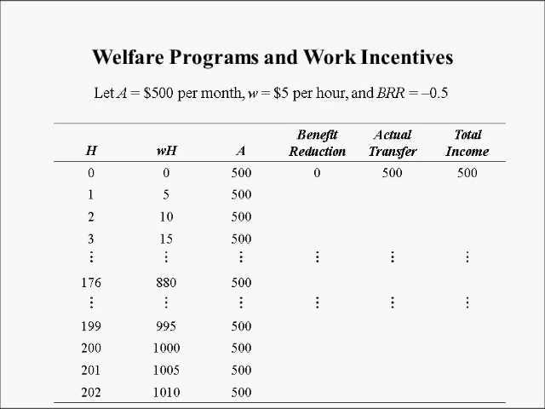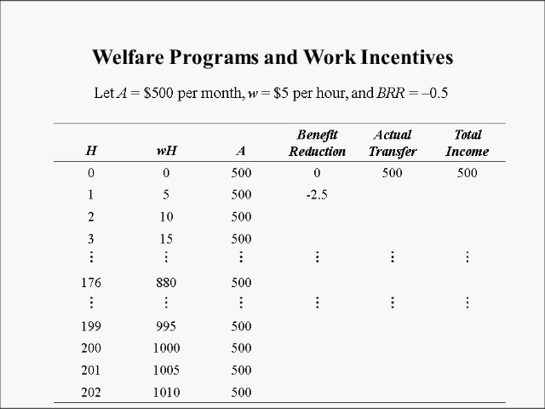So if the benefit reduction rate is negative 0.5, then because you made $5 by working that 1 hour, your benefit of $500 is reduced by half your earnings, which is 5. 5 times 0.5 is 2.5.